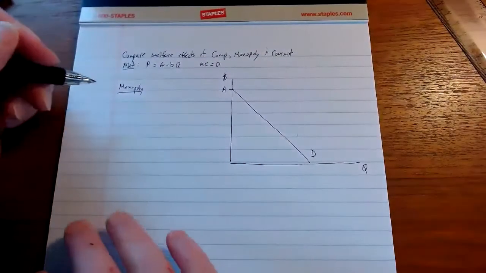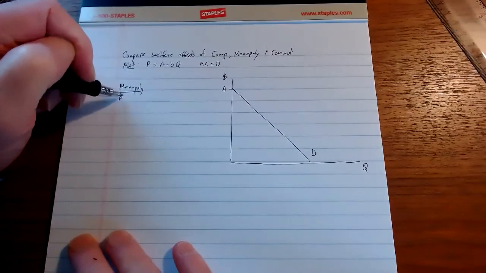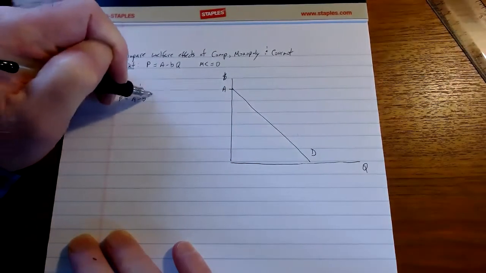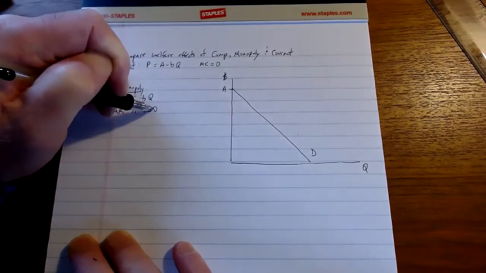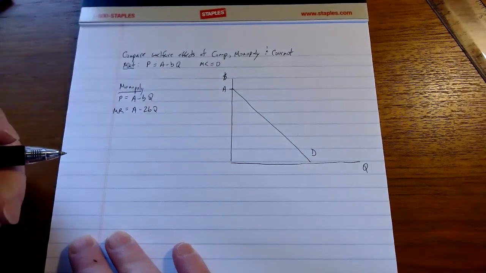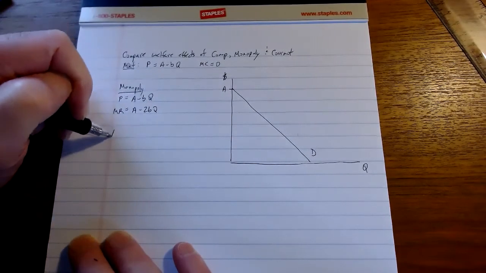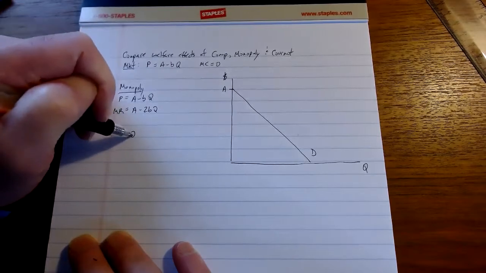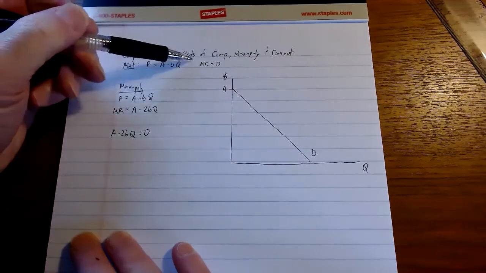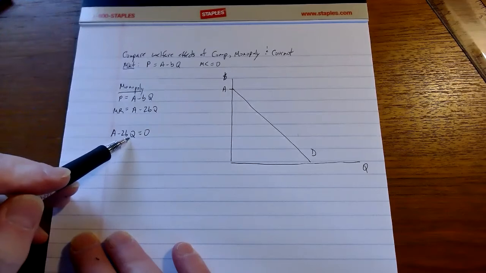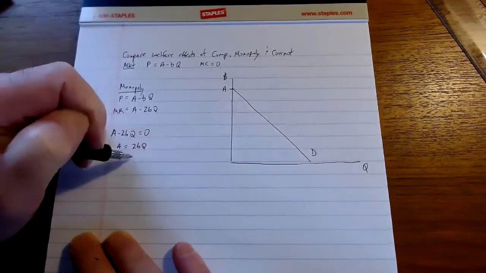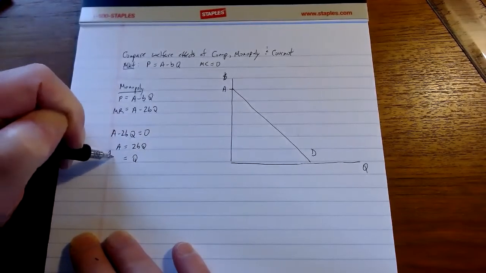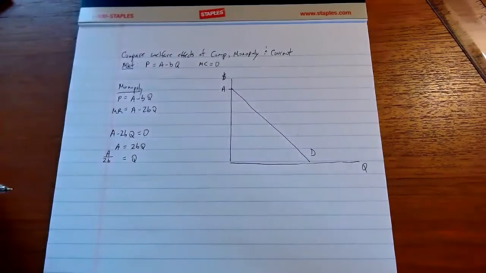So if this were a monopoly, and the inverse demand is A minus BQ, we would find marginal revenue, which would be A minus 2BQ, and we would set that equal to marginal cost. Well, if we set A minus 2BQ equal to 0, what we've assumed our marginal cost to be, now we can solve for the quantity, and we get A equals 2BQ. Q then is equal to A over 2B, or 1/2 A over B.